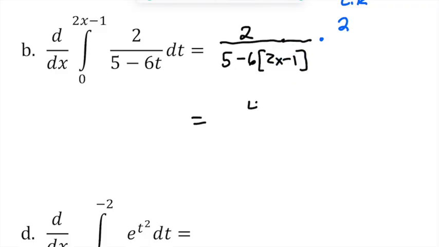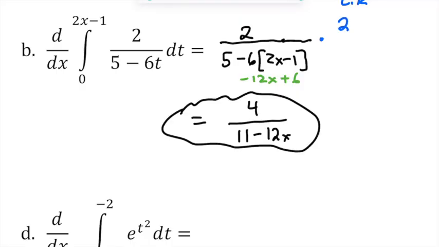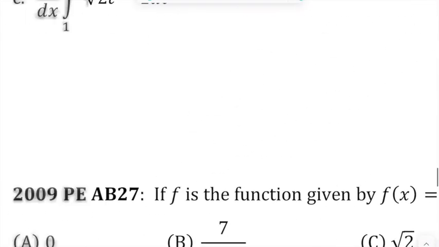Cleaning this function up, I'm going to get 4 on top, which is the 2 times 2. And then on the bottom, this is going to be minus 12x plus 6 when I distribute the negative 6 through. And so I'm going to get 11 minus 12x. And there you go. There's my derivative of the integral.